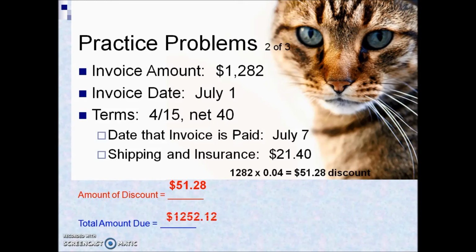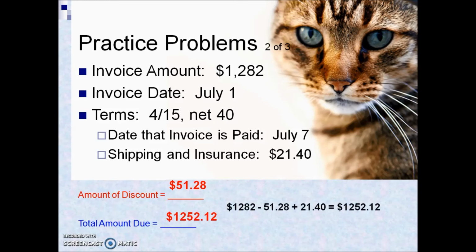The total amount due is the invoice amount less the discount we just calculated for paying this invoice early, plus they have the details about shipping and insurance. We add that on to give us our total amount of payment for the eligibility of the cash discount.